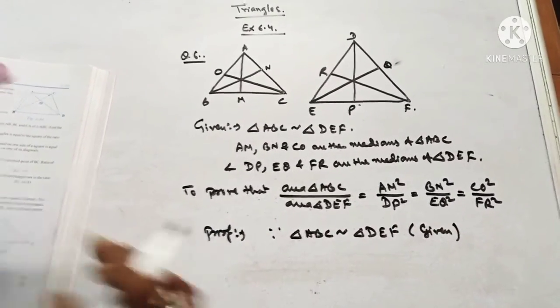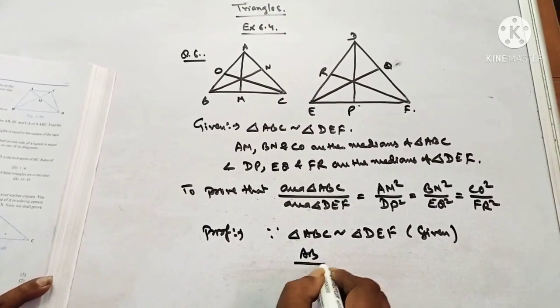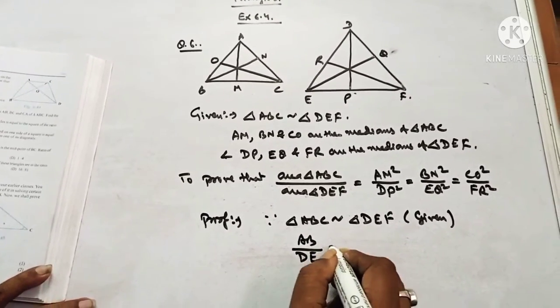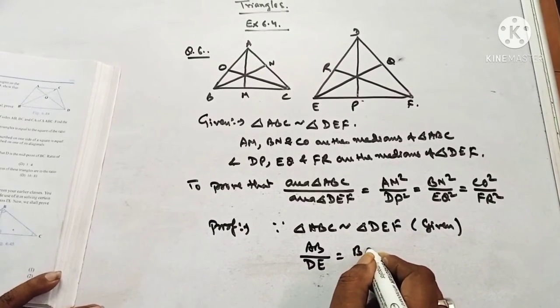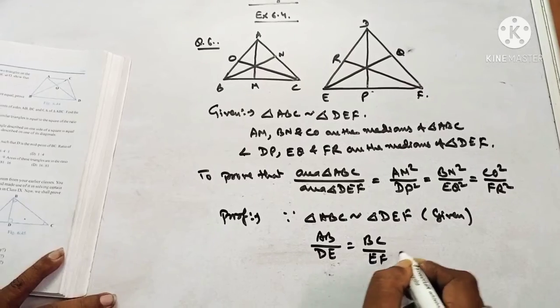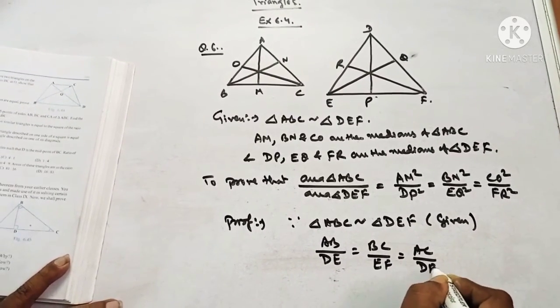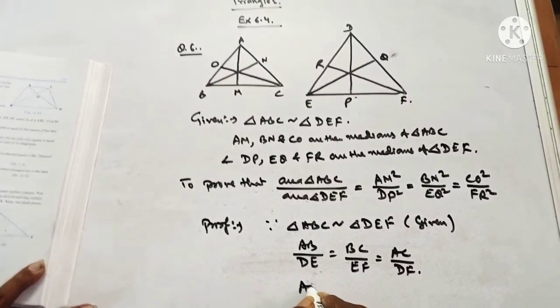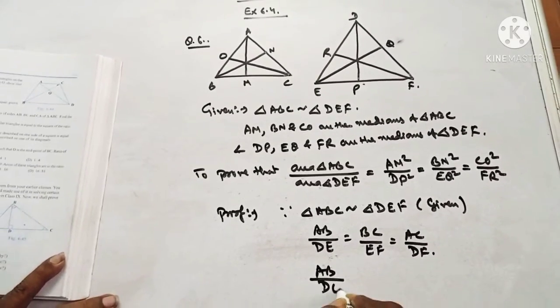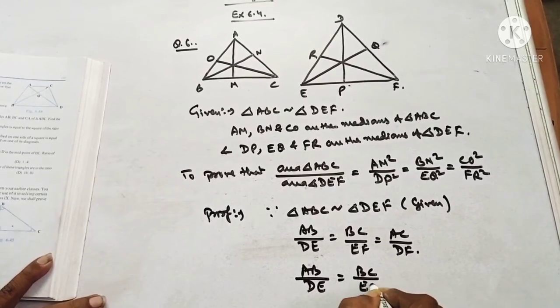Since they are similar, therefore AB by DE is equal to BC by EF is equal to AC by DF. Now here I am going to take AB by DE is equal to BC by EF.